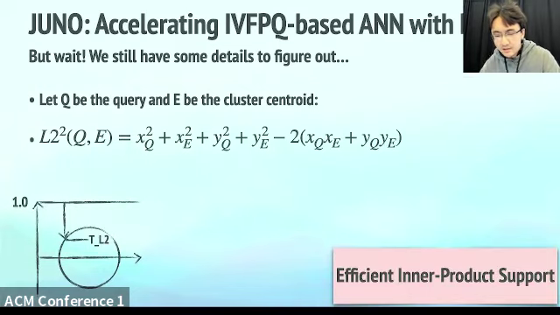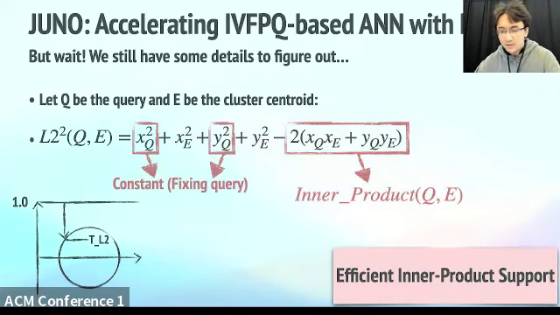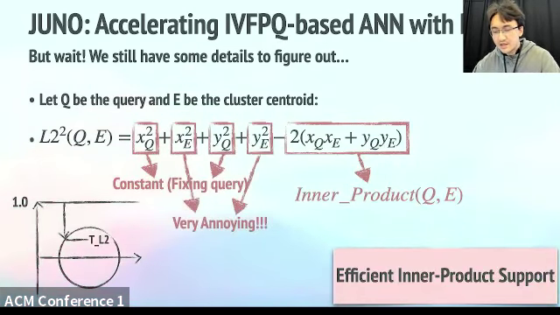Notice this is the L2 distance calculated by the hit time. And the inner product can also be represented with the L2 distance. While the XQ squared and YQ squared parts are fixed when the query is fixed, notice that there are unknown XE squared and YE squared terms that force us to query the coordinates of the centroid.